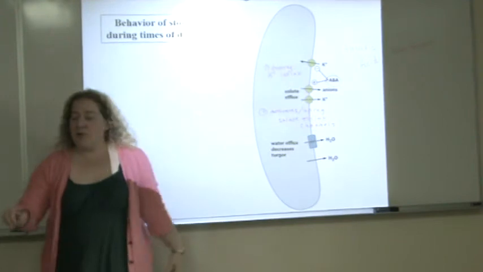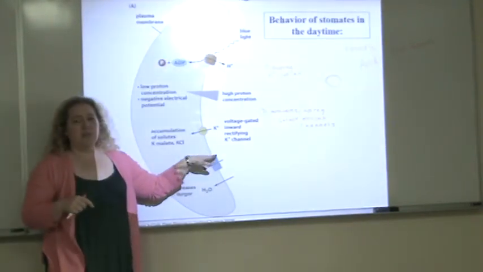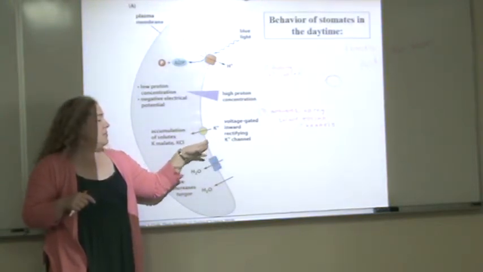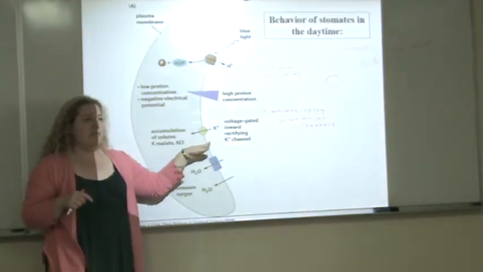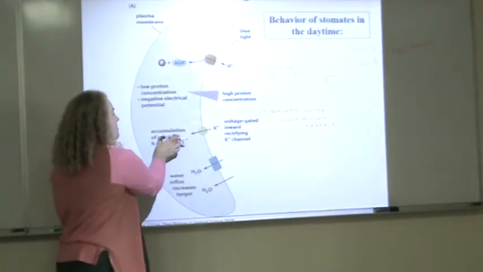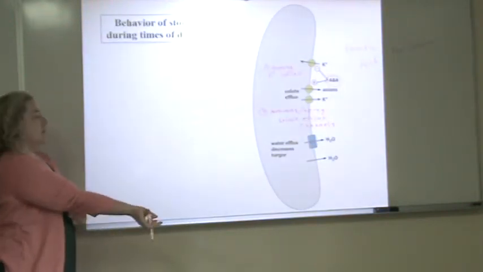These channels are present in this situation, but they're not shown, and they're closed more often. So they would be here too, but in a mostly off configuration. The presence of ABA opens those up so the solutes that were inside the guard cell can come back out.